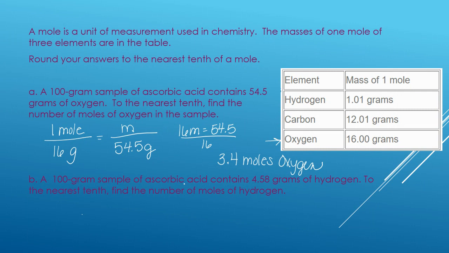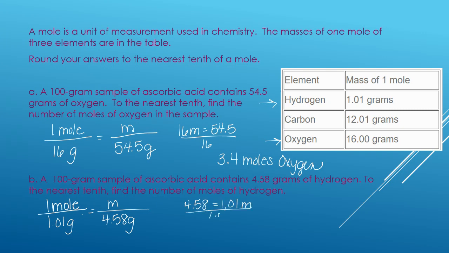There we go. And I can do the same thing down here. A 100-gram sample of ascorbic acid contains 4.58 grams of hydrogen. To the nearest tenth, find the number of moles of hydrogen. I'm going to do the same thing, except this time I'm going to do it with my hydrogen, which I know is 1.01 grams. In my ascorbic acid, I have 4.58 grams, and I want to know how many moles that is. So I'm going to cross multiply again. So I'm going to get 4.58 equals 1.01m.